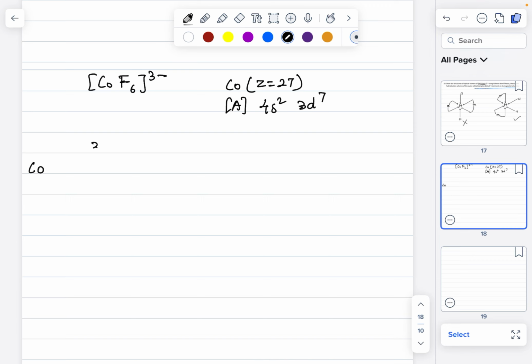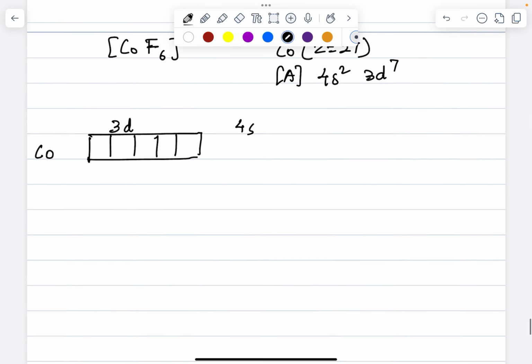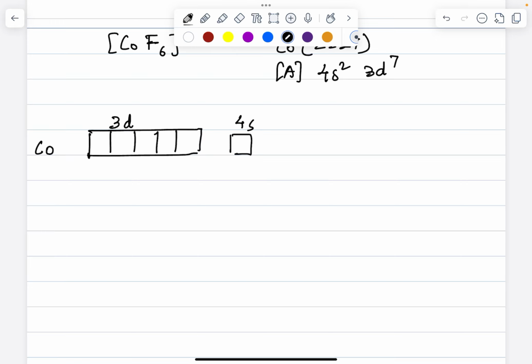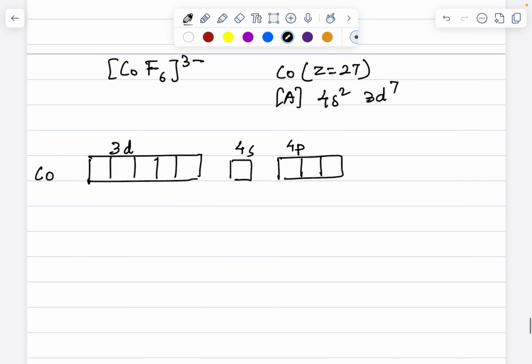First will be 3d, 1 2 3 4 5, 4s, 4p. 7 electrons, 1 2 3 4 5 6 7, and 2 electrons over here.